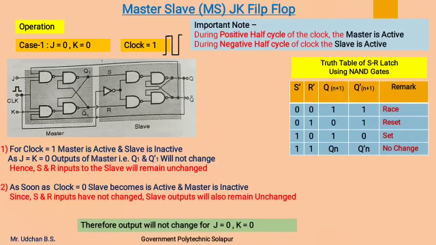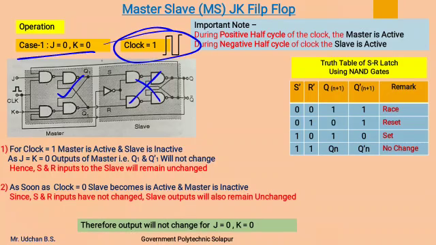Now in the first case, the values of J and K both are 0 and a positive level clock is applied to this circuit. For clock 1, the master is active whereas the slave is inactive.